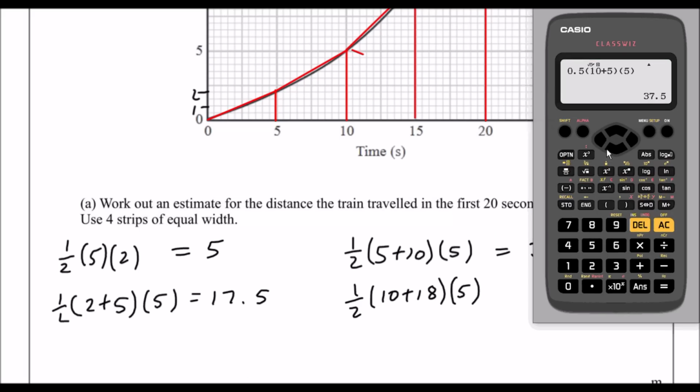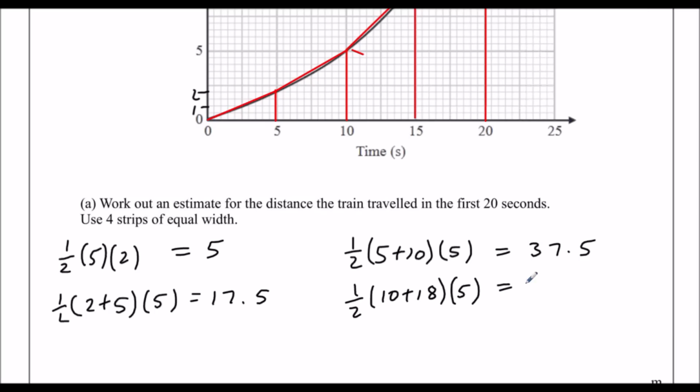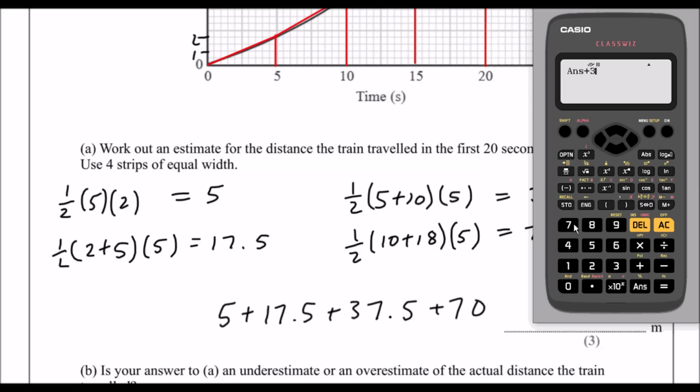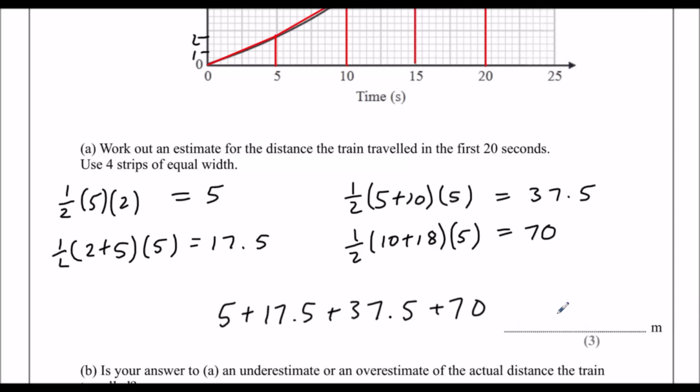And half of 10 plus 18 times 5, which is 70. So we've got an area of 5, 17.5, 37.5, and 70. So the total distance, adding them all together, is 130 meters.